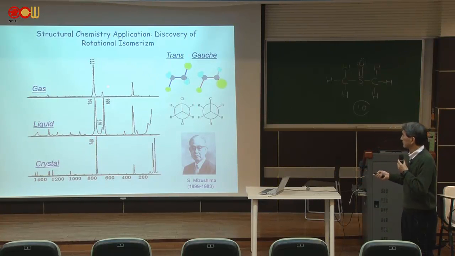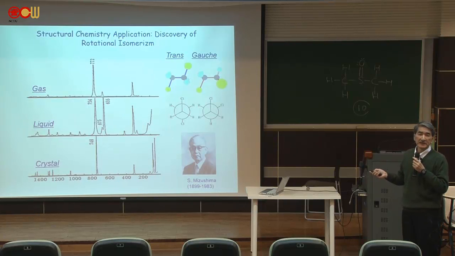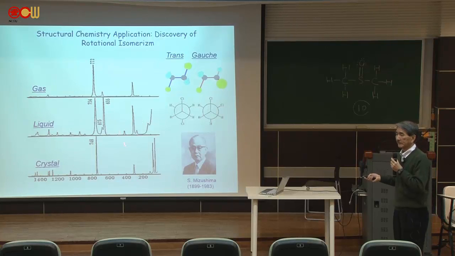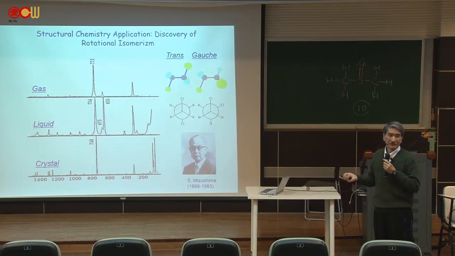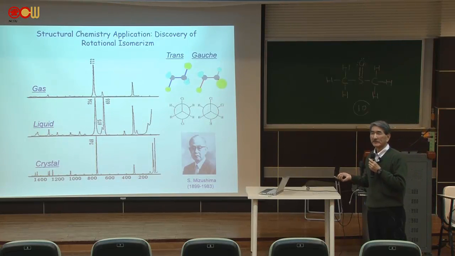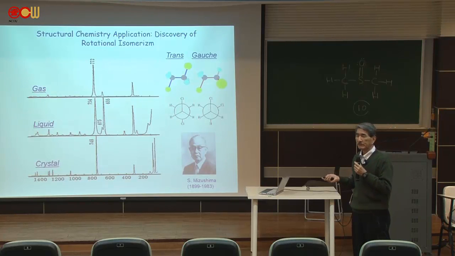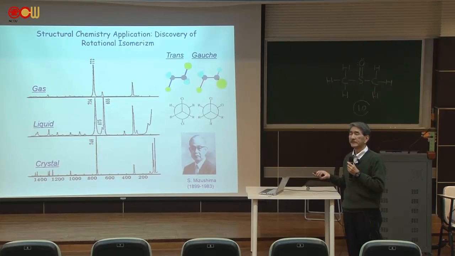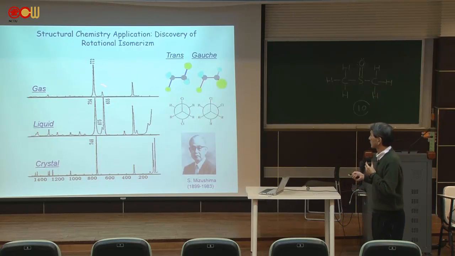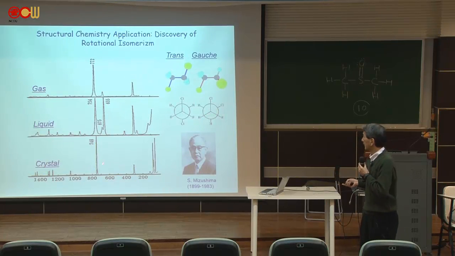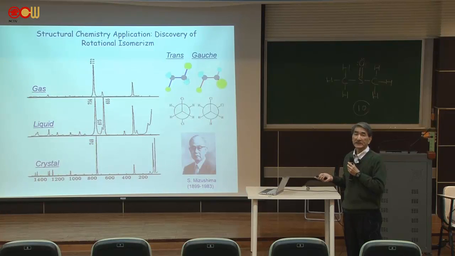So gauche molecules do not exist in the crystalline state. If you know the answer from the first, it's very easy to interpret this result. But it was not easy for them to come to this conclusion. They did many, many things to finally conclude that there are two conformers, trans and gauche, in the liquid phase, but only one, trans, in the crystalline state.